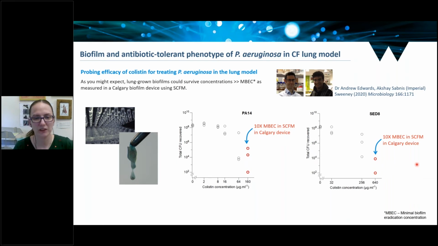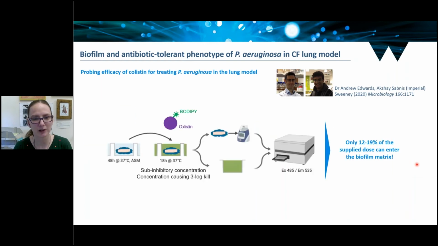What we then wanted to ask was, could we separate this increased tolerance of the lung-grown biofilm into reduced penetration into the matrix and increased physiological tolerance to the drug once it got to the cells, as Mark beautifully explained earlier? And this was made possible by Akshay's work, where he made a fluorescently tagged version of the colistin molecule.